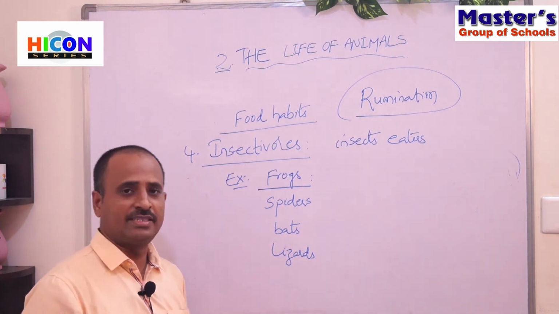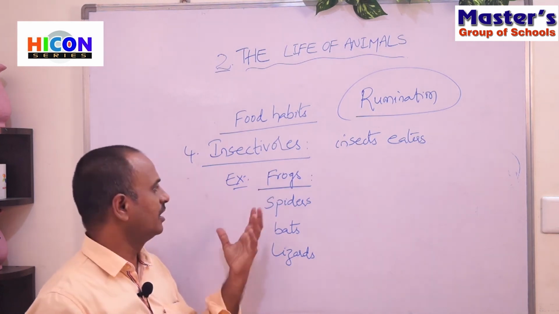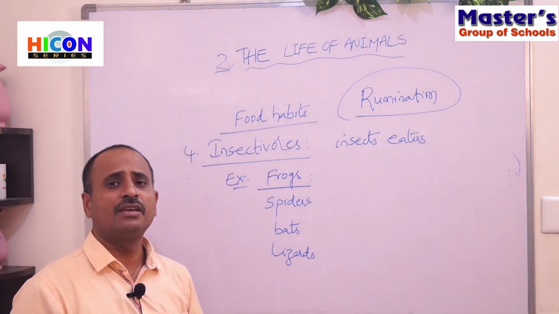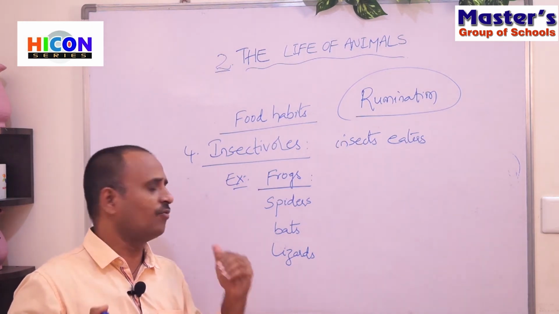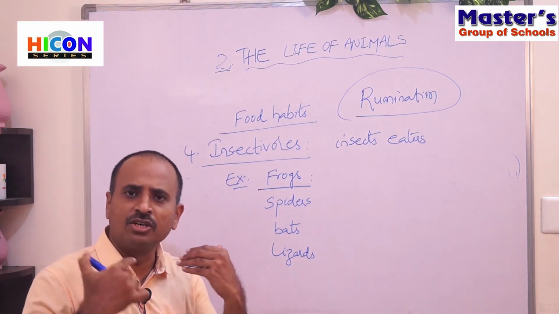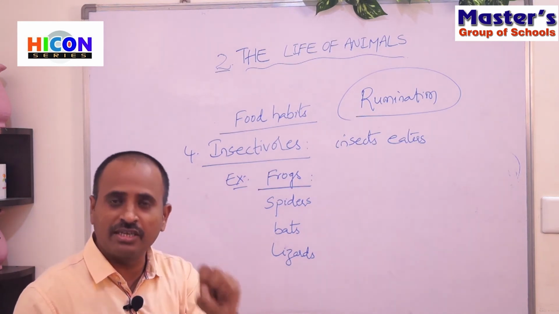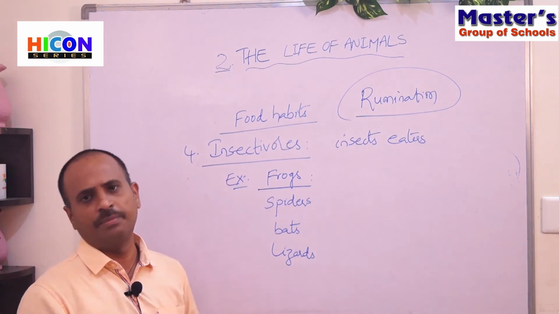So children, this is a special type of arrangement in the frogs. If the prey sticks to its tongue, it quickly pulls its tongue into the mouth and swallows the prey.